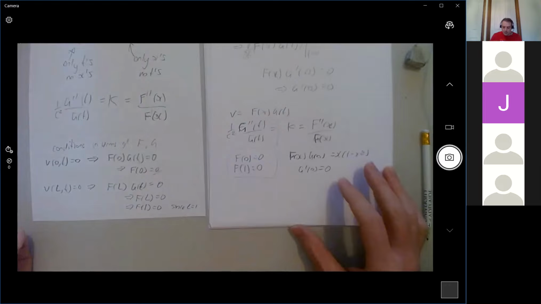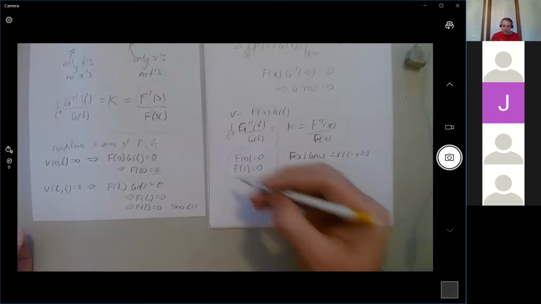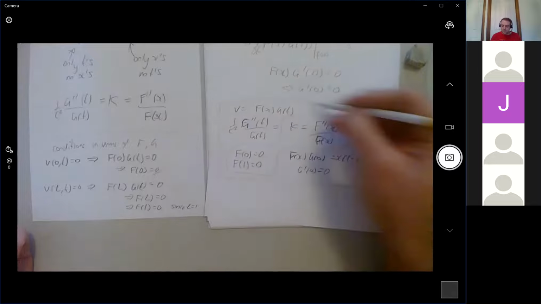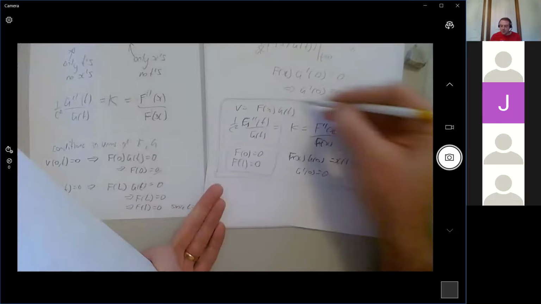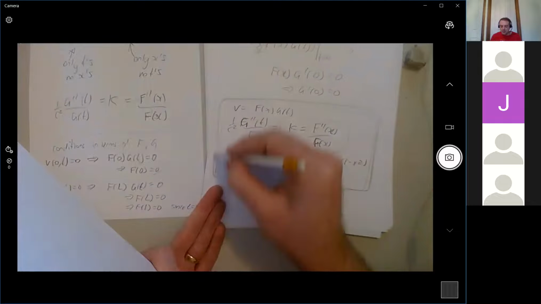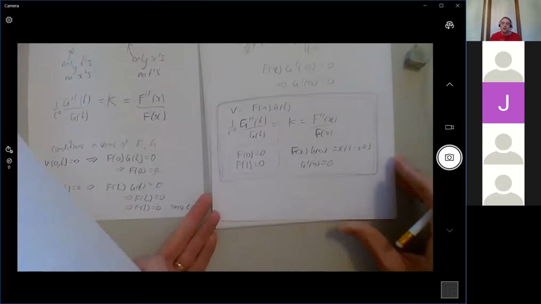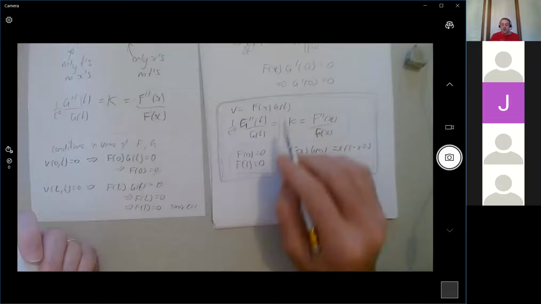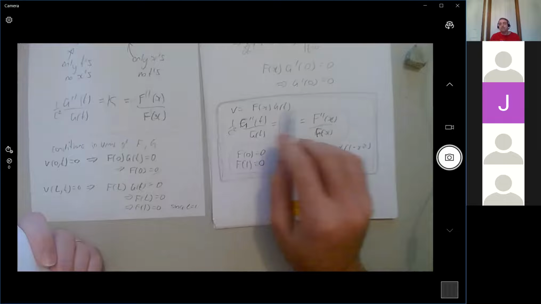So we've managed to turn it all into this. This is our new set of equations. There is a very sneaky trick here: v isn't going to be a function of f times a function of g. It's going to be a whole lot of those things added together.